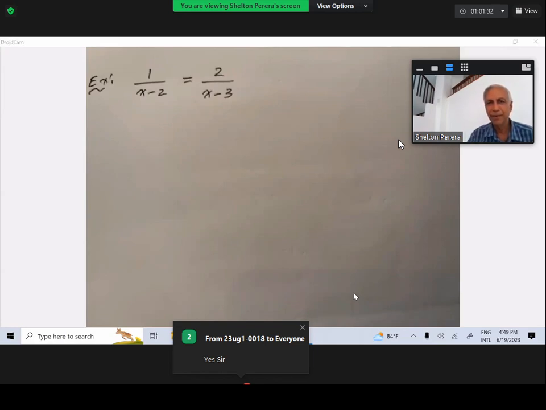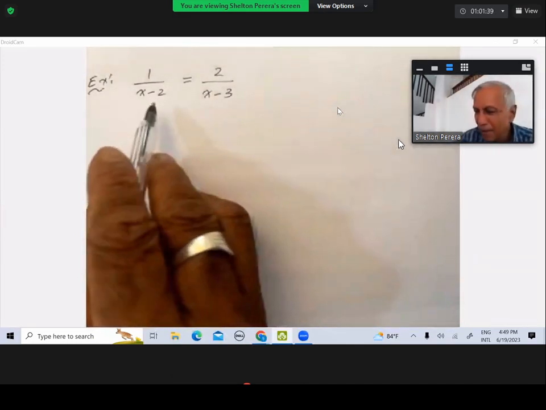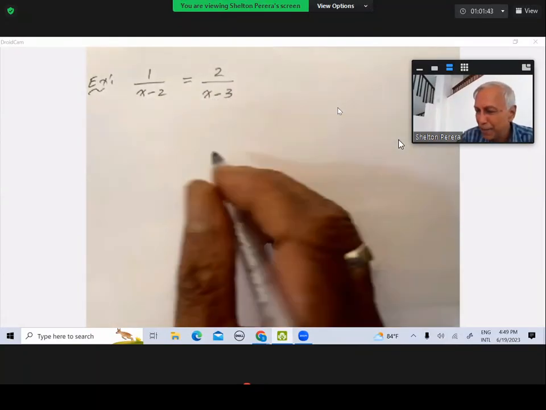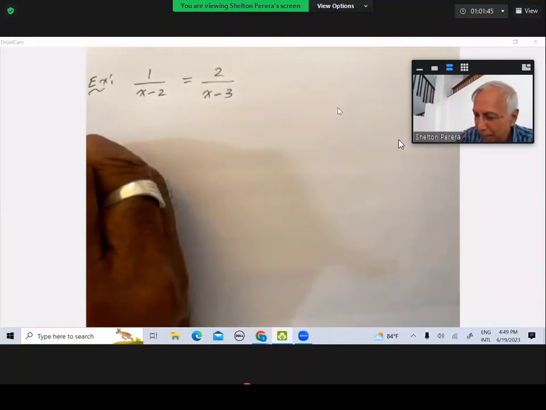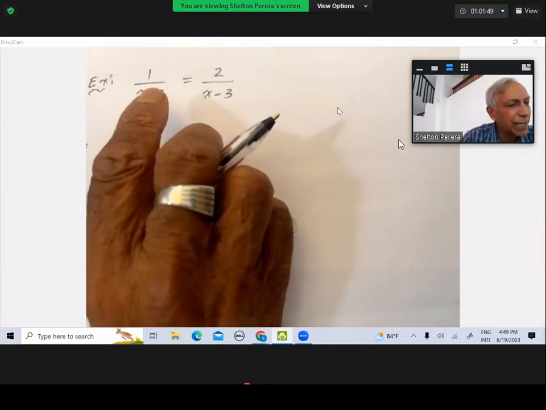Okay, so now take this equation. How do you solve this equation? If you want to clear the denominators, earlier, remember, it was 2 and 3.